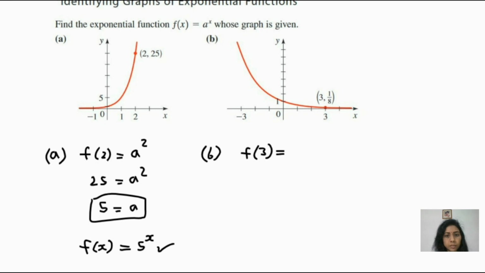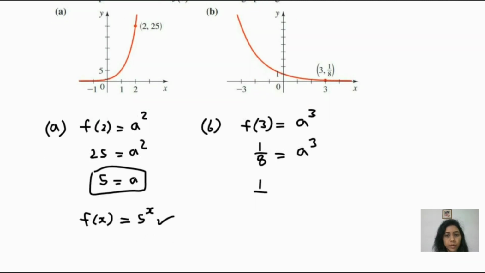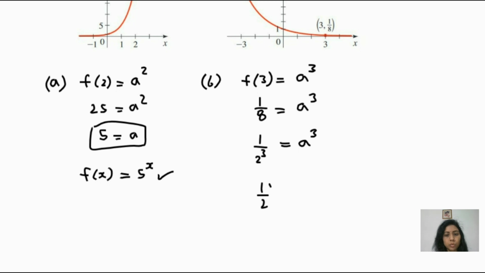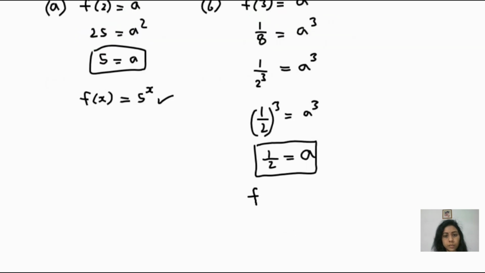So f(3) = a^3, and f(3) is given as 1/8. So a^3 = 1/8. Here 1/8 we can write as 1 upon 2 to the power 3, so (1/2)^3 = a^3. So the value of a is 1/2. So our function is f(x) = (1/2)^x. This is our answer.